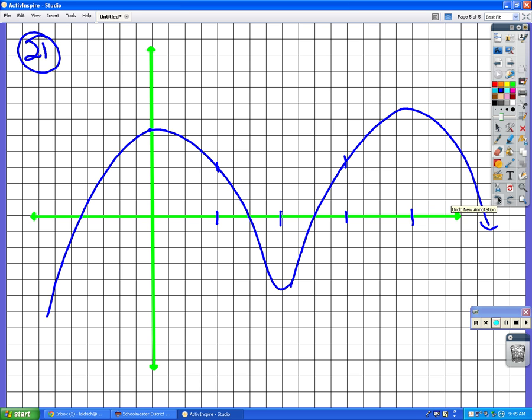So I want to make it more like a cup, like that. Okay? And it is negative if x is less than 1, so here, and negative if x is greater than 3. So we got that.